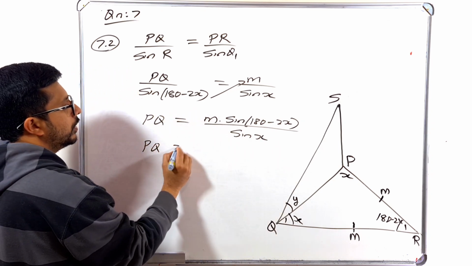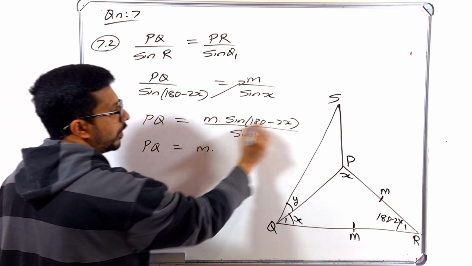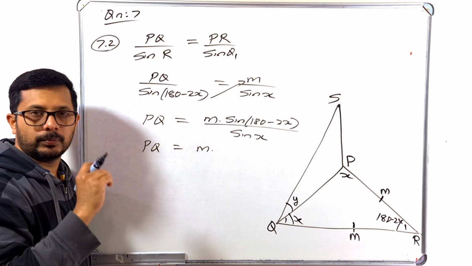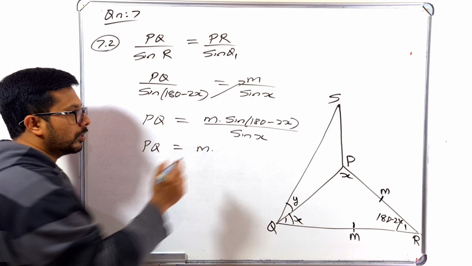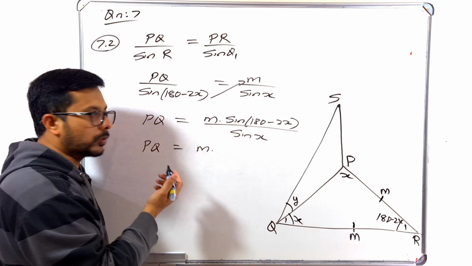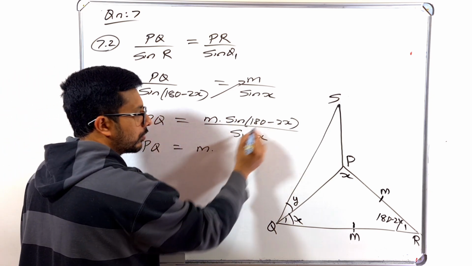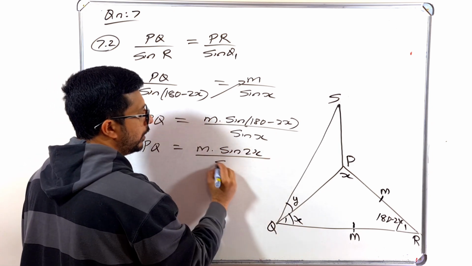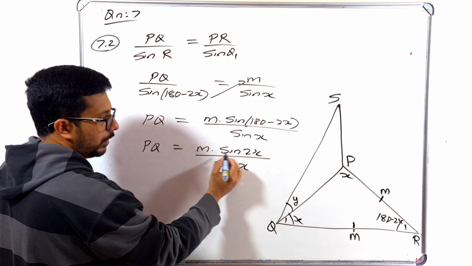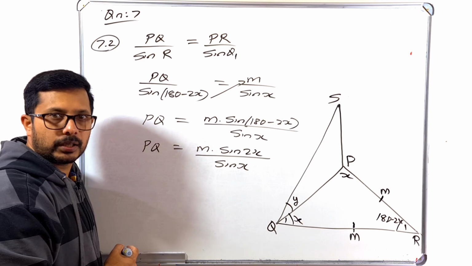So PQ is equal to m into sine of 180 minus 2x. In the previous question we did this: second quadrant, sine is positive, here sine stays sine, no change because of 180, so it is sine 2x divided by sine x. This sine 2x is a double angle formula, am I right?